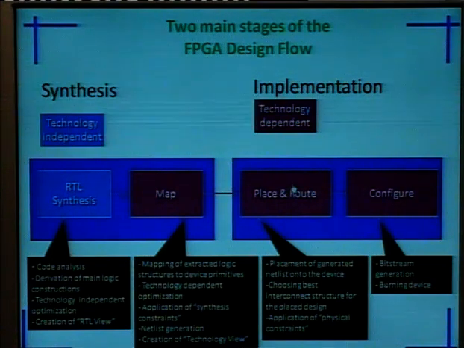And then routing, that is the interconnects. Then configure is basically a transformation of our gate level design to a bit stream. A bit stream is nothing but a netlist that contains the design in the form of 0s and 1s, because our end product, FPGA or ASIC, knows only bit patterns, and that bit pattern we have to transfer to the FPGA for the final design, and we can run our device.